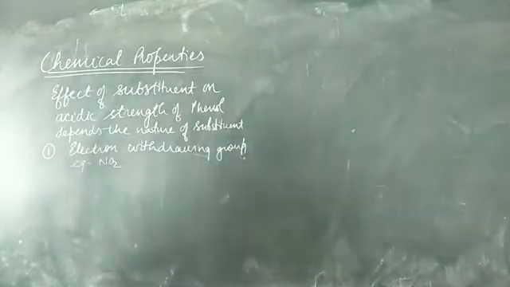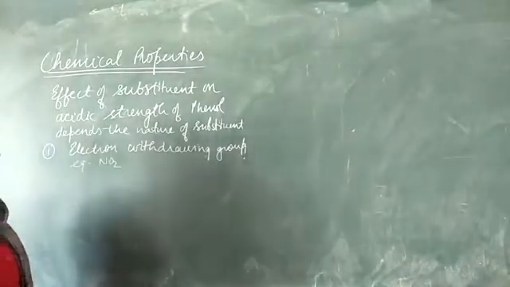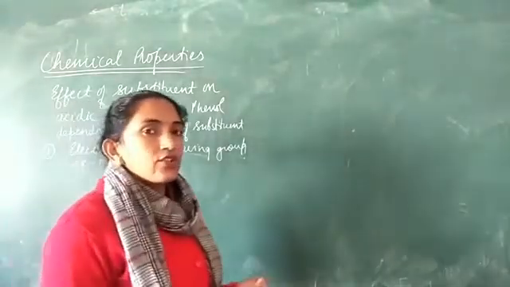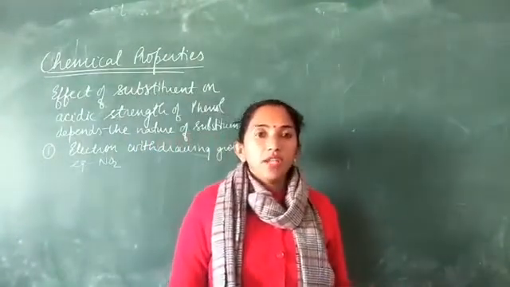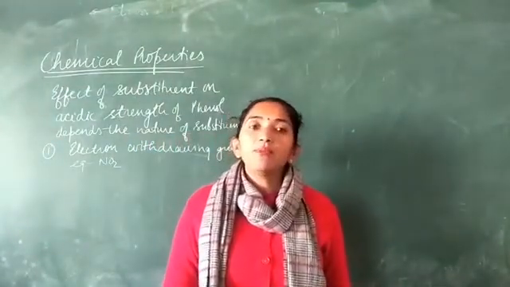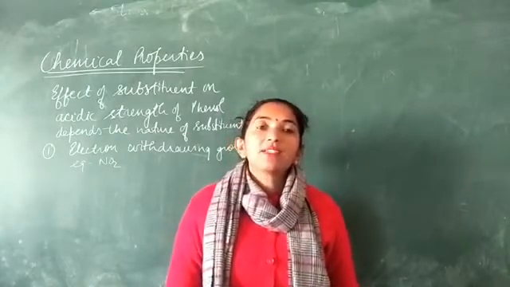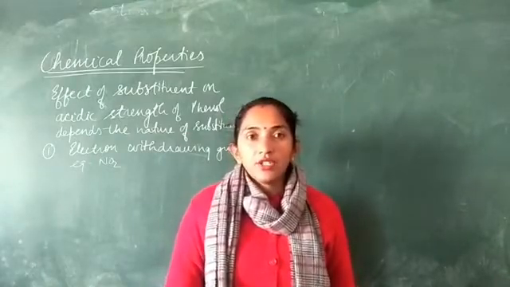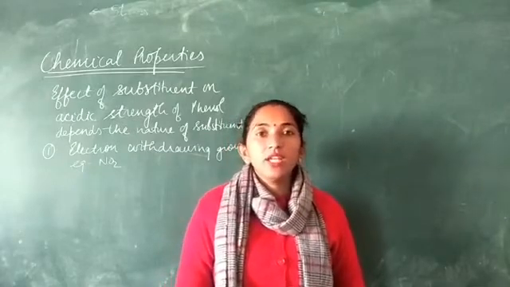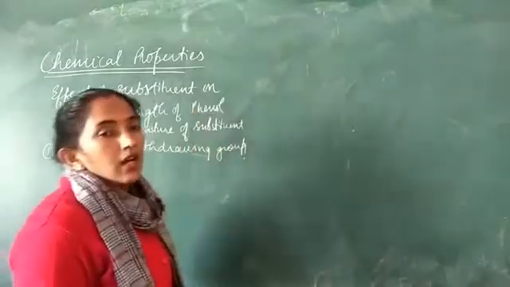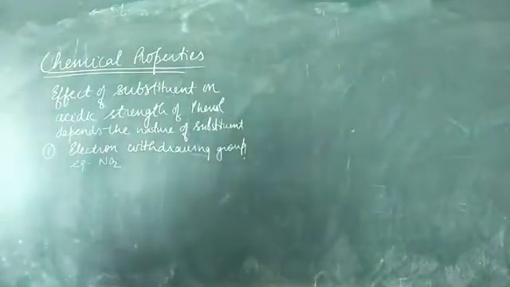The electron withdrawing group pulls the electron cloud from the benzene ring, which is finally pulled from the O-H bond, which makes it polar in nature and facilitates the release of the proton and makes it an acid, or it increases the acidic strength.